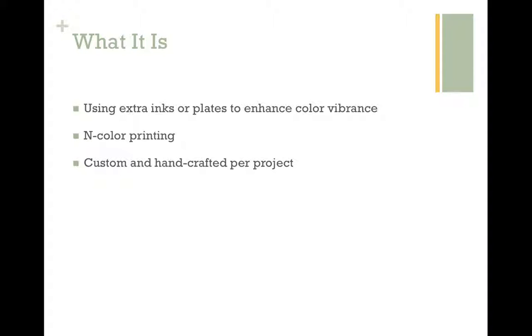So overall, high fidelity color printing is using extra inks or plates of ink color to enhance color vibrance in the printing process, and that can be done through a number of ways. We call this process N color printing because it can be any number of colors that is more than the standard 4-color traditional printing method with cyan, magenta, yellow, and black.